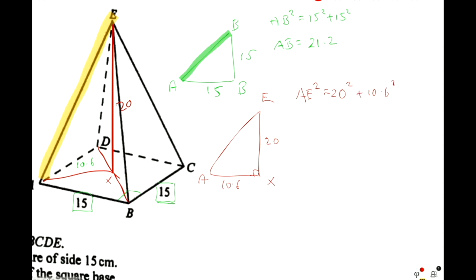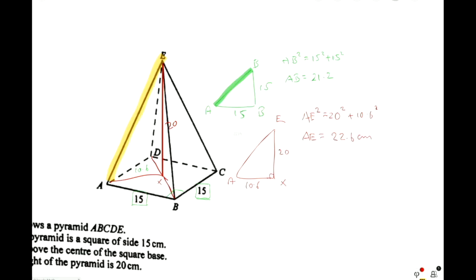AE squared equals to 20 squared plus 10.6 squared, so AE equals to, using our calculator, do you get 22.6? Yeah, 22.6, okay? So that would give us 3 marks.